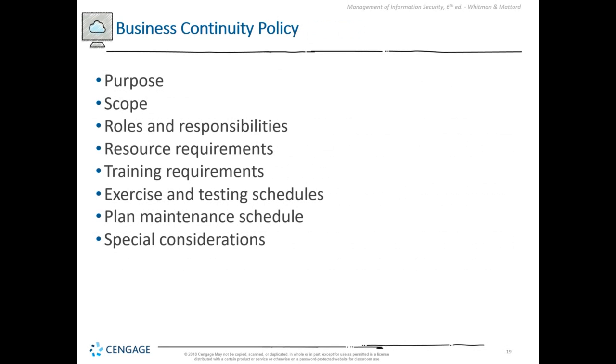So with the business continuity plan, once again, it begins with the development of a BC policy. One of the most important pieces of a BC plan involves the identification of critical business functions.